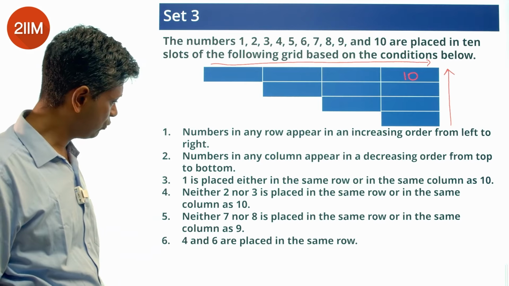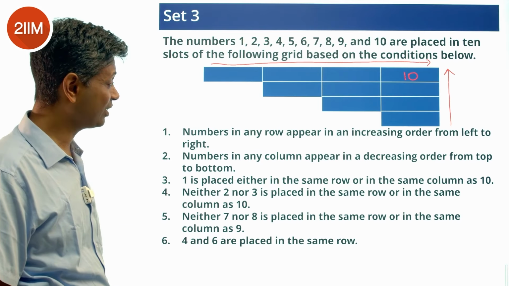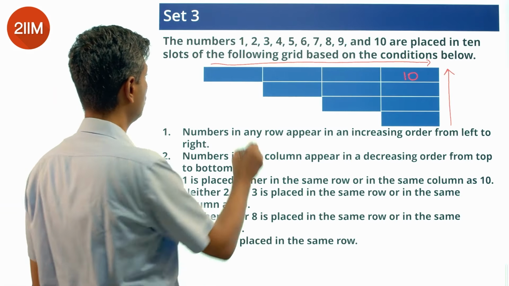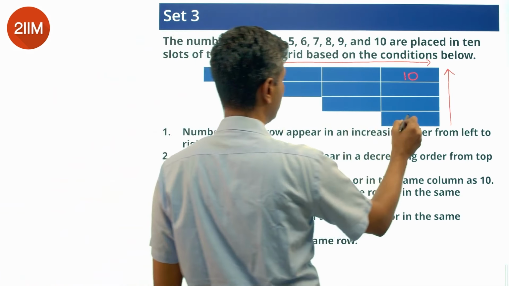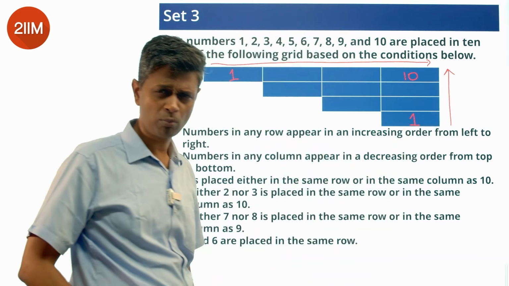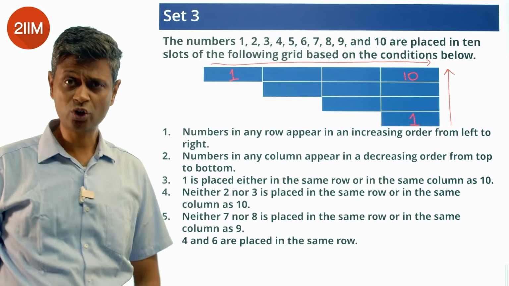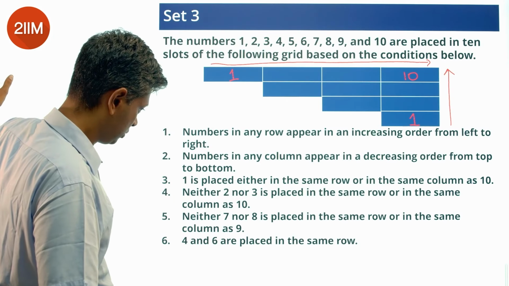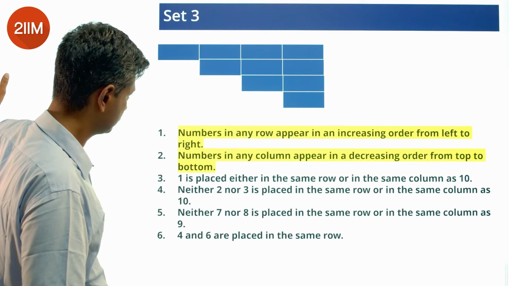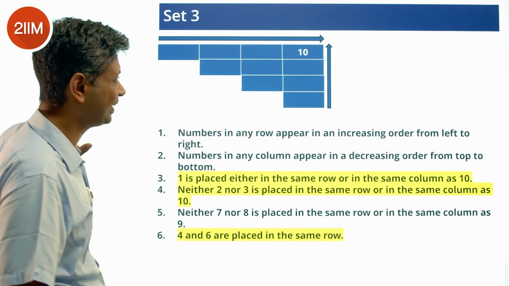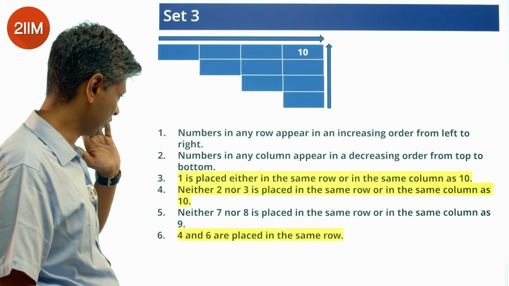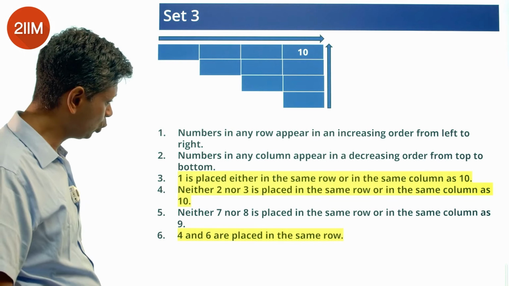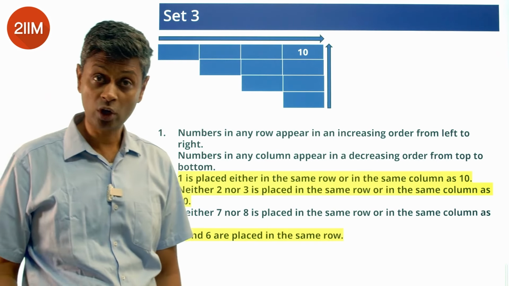That's very interesting. Now we know that 1 is placed in either the same row or the same column as 10. So 1 could be here or here. Smallest number in that row slash column. Super. Now let's go. Located 10, increasing like this, increasing like this. Right? Neither 2 nor 3 is placed in the same row or same column as 10.